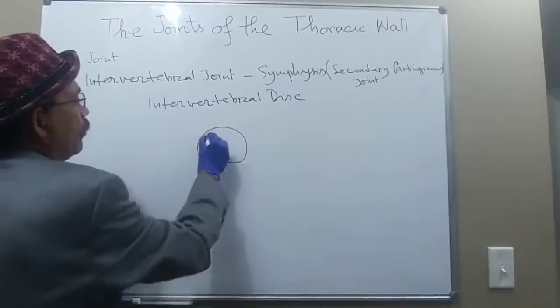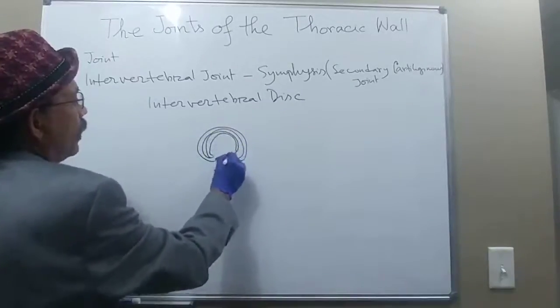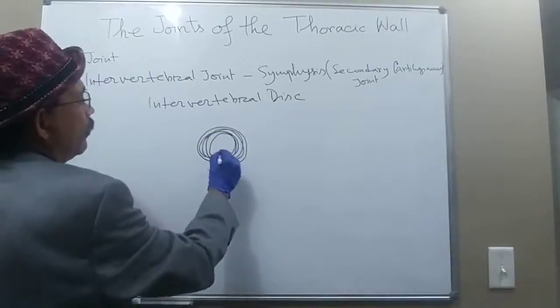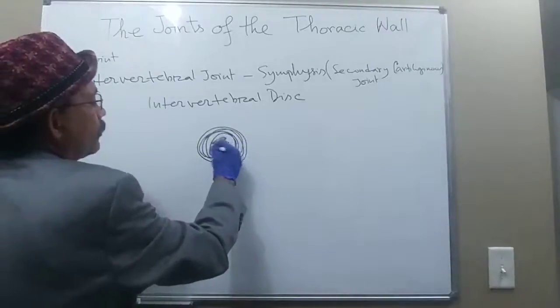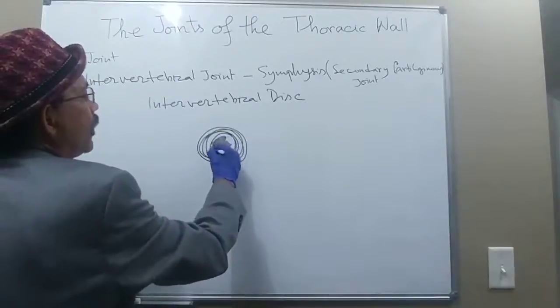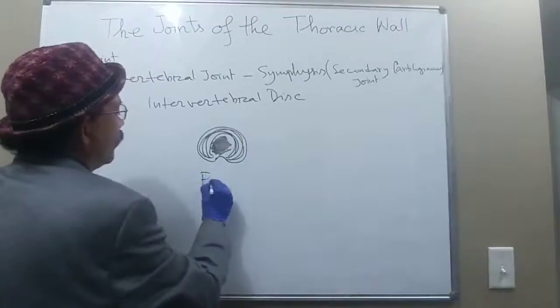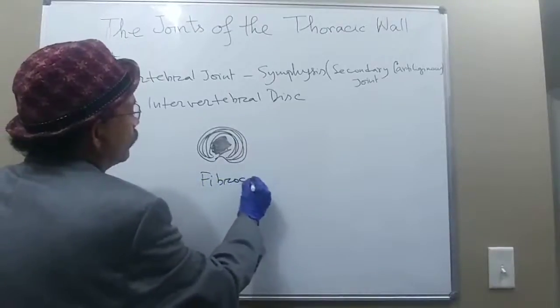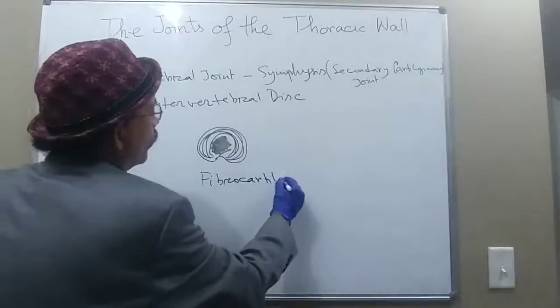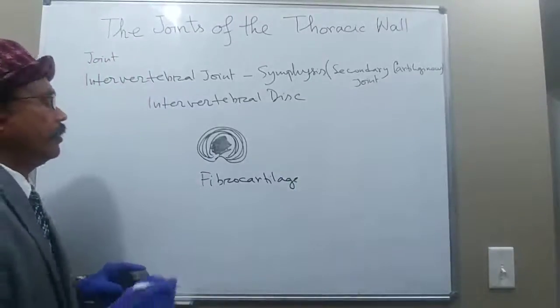We have the annulus fibrosus, and we have the nucleus pulposus. This structure in adults is a fibrocartilage. It contains a lot of collagen fibers.